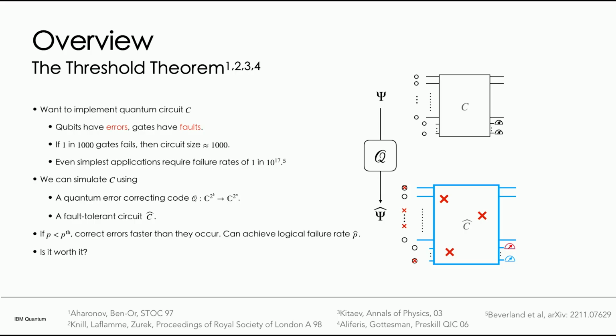At this point, you're going to stop and ask yourself whether it's worth constructing a quantum error correcting code and this fault-tolerant circuit, because although Shor's algorithm or other algorithms might promise what we believe are exponential speedups, the cost of constructing this circuit might be so much that it balances out. So you go through all of this effort to construct this fault-tolerant circuit, but you put so many resources into it that you might have just stuck to a classical implementation.